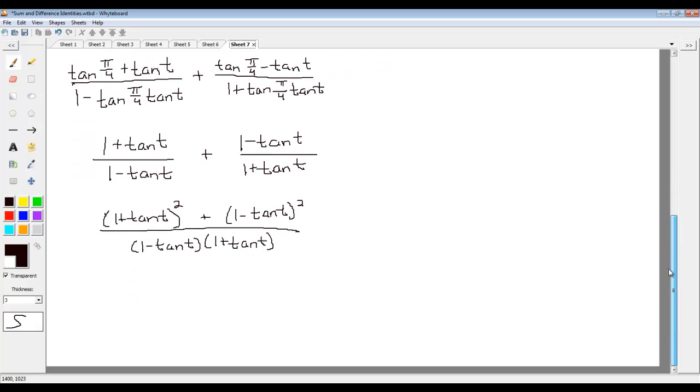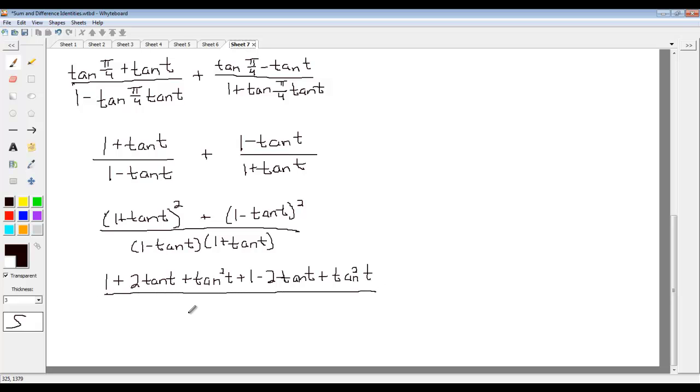Work with that a little. Square up top. You get 1 plus 2 tan t plus tan squared t, plus 1 minus 2 tan t plus tan squared t, all over 1 minus tan squared t.